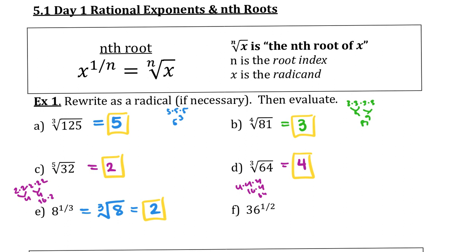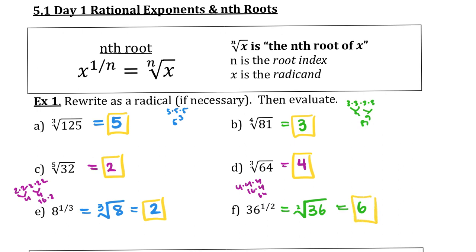Again, this is a fractional exponent. Fractions mean roots. So 36 to the 1/2 is the second root of 36. When you do a second root, you don't have to put the 2 here. If there's no 2, we assume it's a square root. So the square root of 36 is just 6 because 6 times 6 is 36.